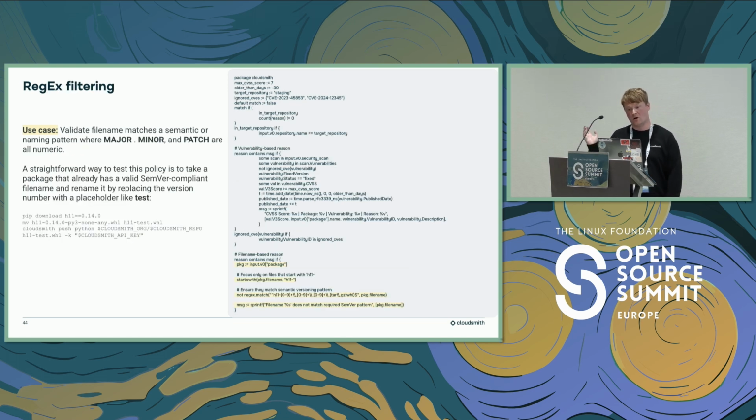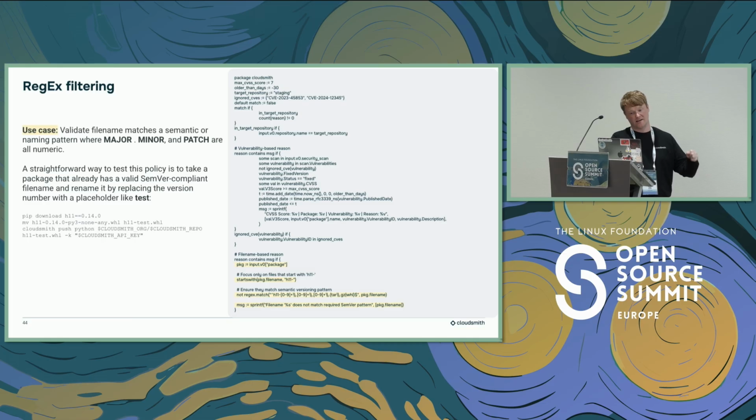Again, you can do a whole lot of additional context where it starts getting a bit complicated, where you can start using regex. A really good use case for why you might do that is, let's say you want to scope to specific file names, or you have your own organizational design around file names or package names.